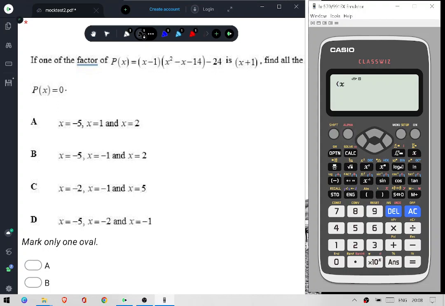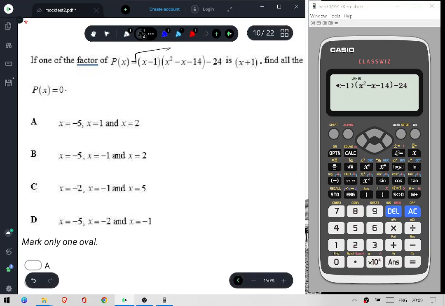X itu tekan alpha and then tekan kurungan kiri kanan tu. So x minus 1, close bracket, open bracket, x squared minus x minus 14, and then close bracket. We still have minus 24 at the back. So this is the equation over here.